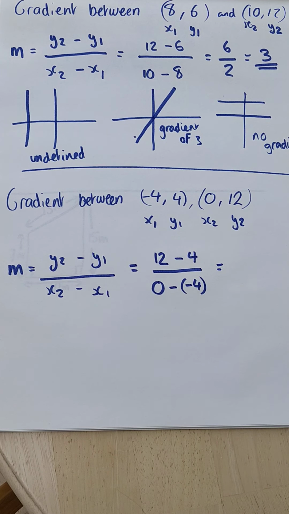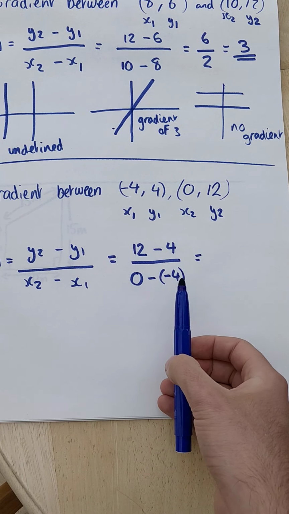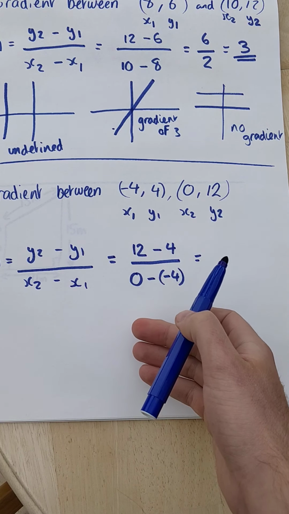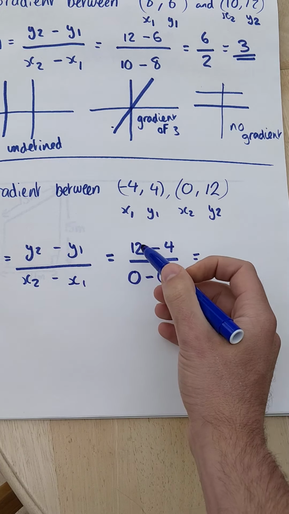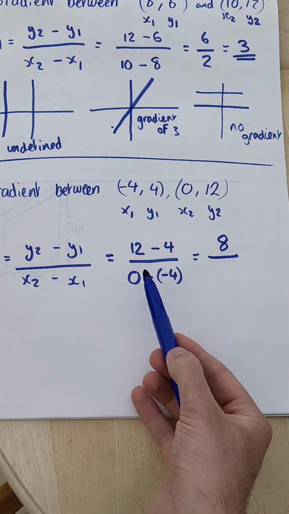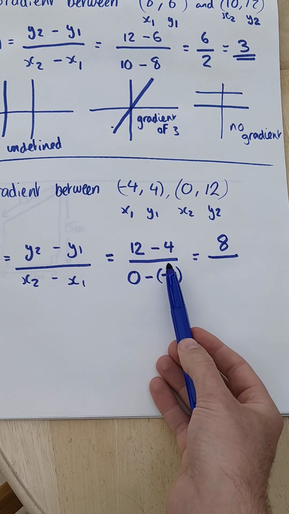Now negative numbers are going to come into this a little bit. Okay, and you will be doing this with negative numbers at some point as well, so it's a good job that you're starting off with this, to get a good bit of practice with negative numbers. So 12 take away 4 gives us 8. And 0 take away negative 4, whenever you take away a negative number, it becomes a positive.